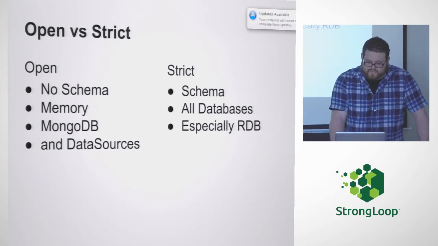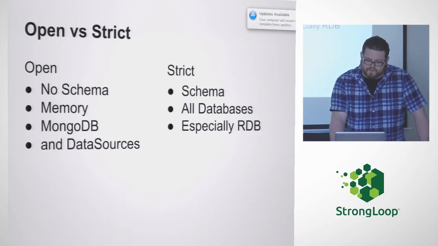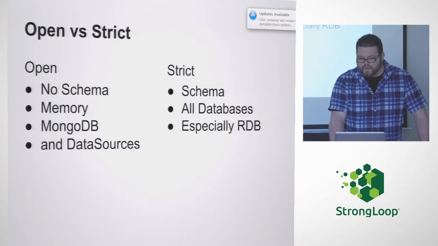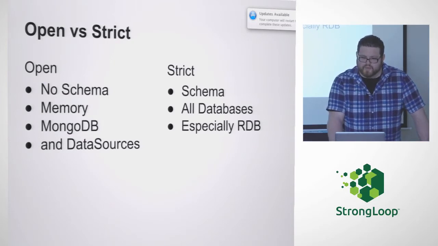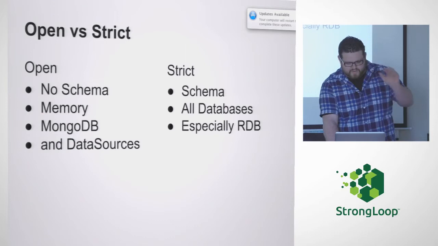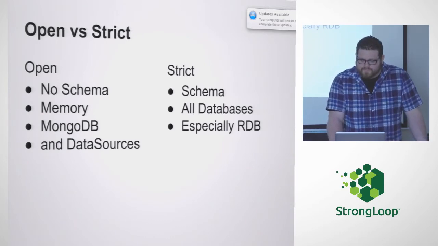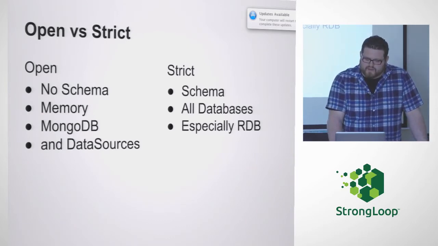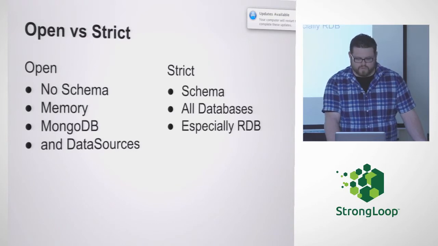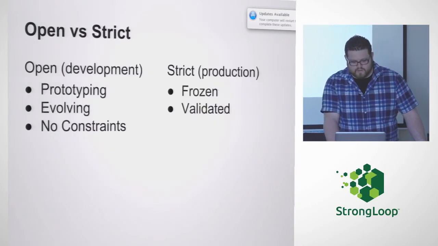That's the open style of model, but you can also create a strict model, which means you provide a schema, which is just a set of properties and property types. This will work for all databases and is required for relational databases.